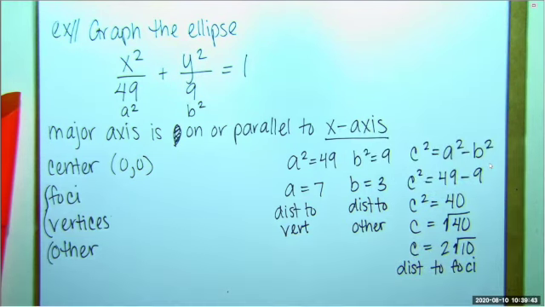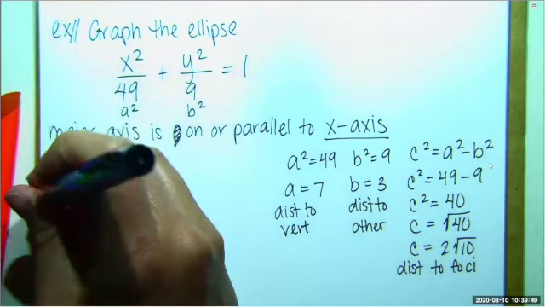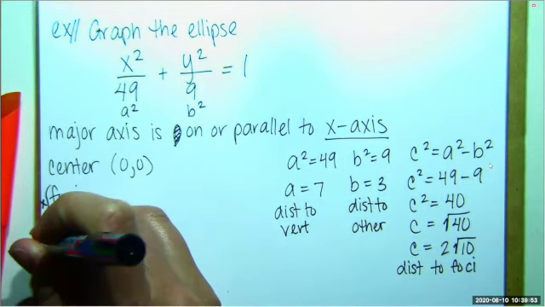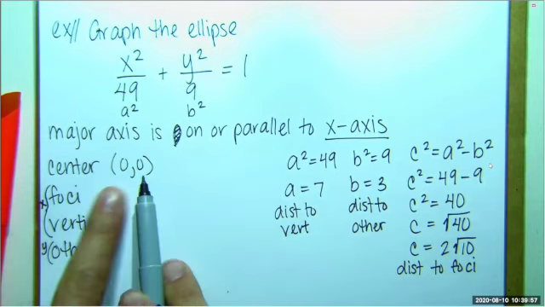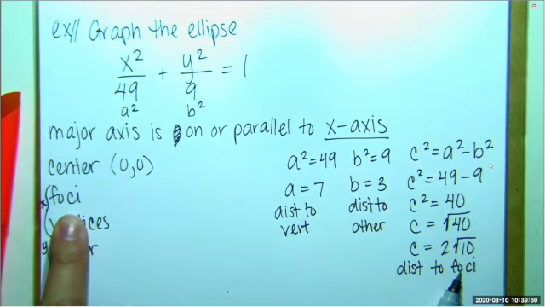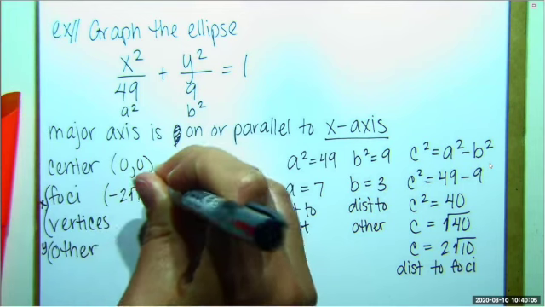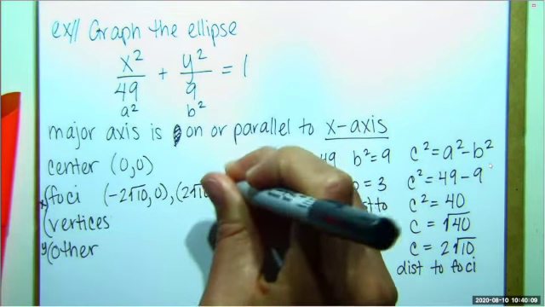This other point, this point of intersection, was with our minor axis, so we're going to add and subtract on our y coordinate. We're starting at 0, 0. To get to the foci, we're going to go a distance of 2 root 10 on our x coordinate. So that'll put us at negative 2 root 10, 0 and positive 2 root 10, 0.